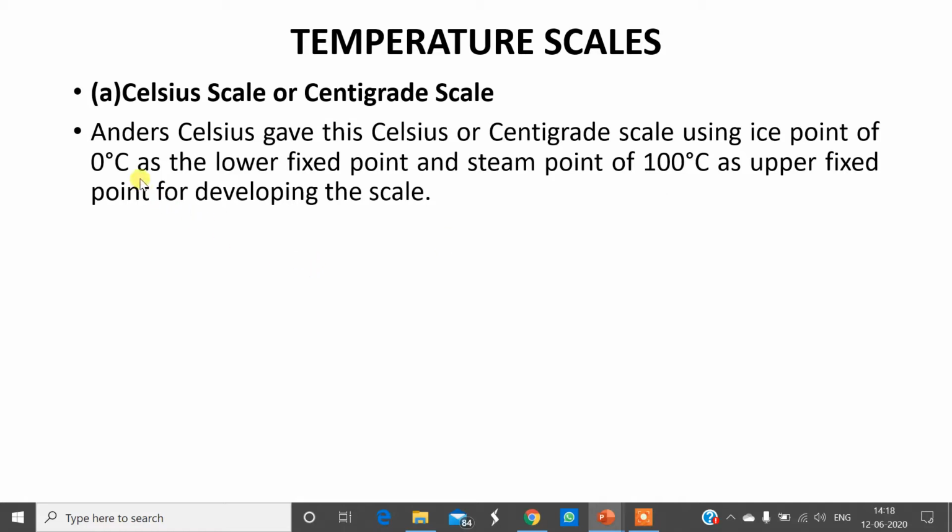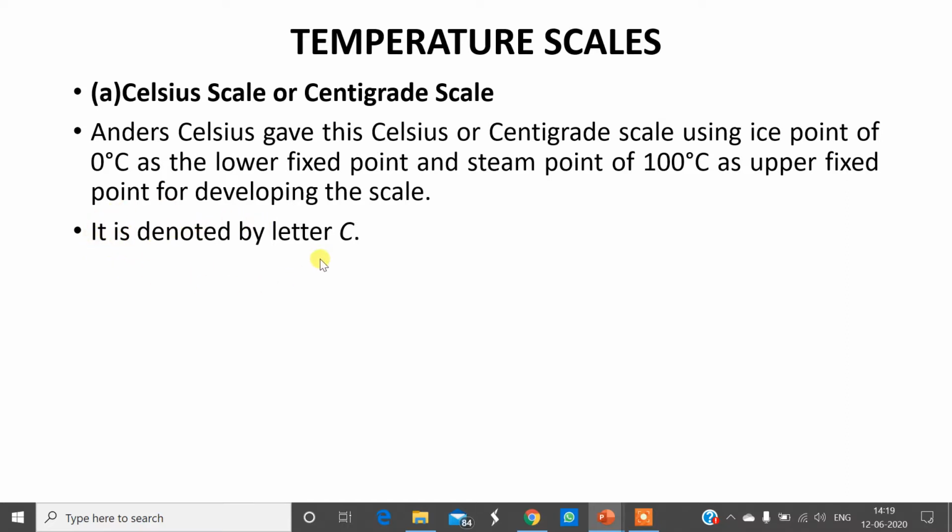The lowest fixed point of water is the ice point, which is taken as 0 degree Celsius, and the upper point of water, that is the boiling point of water, is taken as 100 degrees Celsius. The difference is 100 and the total difference is divided into 100 parts, each part representing 1 degree Celsius.